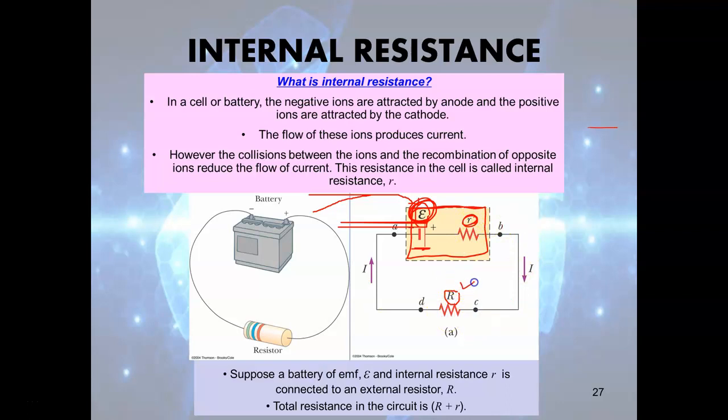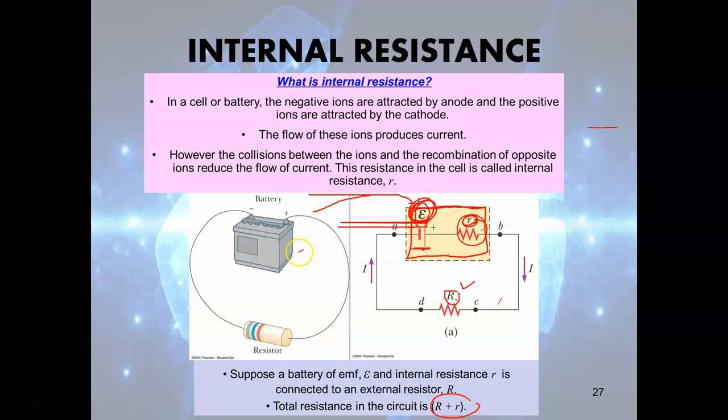One comes from the resistor itself, and another one comes from our battery, which is our internal resistance. So when we close this circuit, we have two values of resistance. Hence the total resistance in this circuit is the capital R plus the small r. I hope you understand the definition of internal resistance.